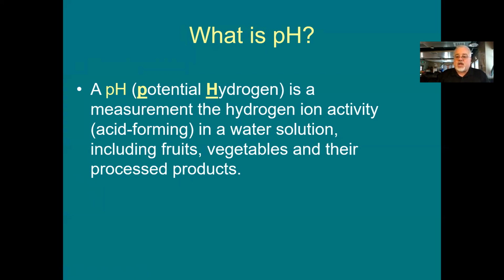Now, it could be in your blood, in your cells, in the river, lake, stream, rain clouds. pH is something that's based on liquid water environments. And we measure that hydrogen ion activity, the acid forming activity in a water solution. That includes fruits, vegetables, and all of their processed products. pH is really important in these products.